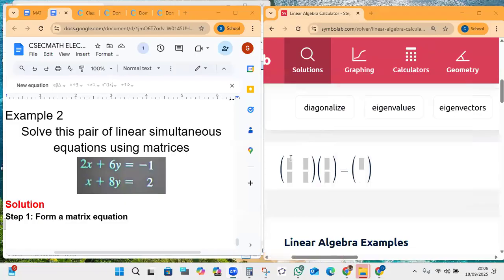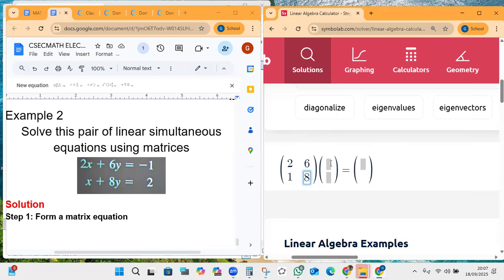So now we're going to make a 2 by 2 with the constants. We see a 2 and a 6 will form the first row, and the second row we'll use a 1, because if the coefficient is blank, there's an invisible 1. So there's an invisible 1 in front of x. So 1 and 8 will form the second row.